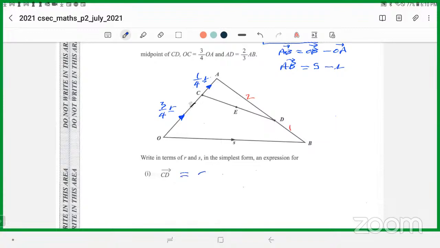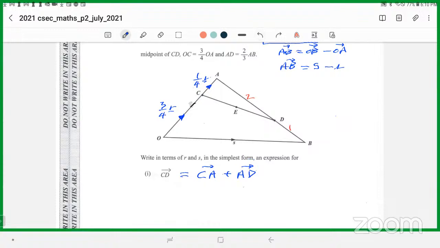All right, go from C to A, and then plus, go from A to D. Beautiful. CA we know is a quarter R. But what is AD? AD equals 2/3 of AB. Beautiful.